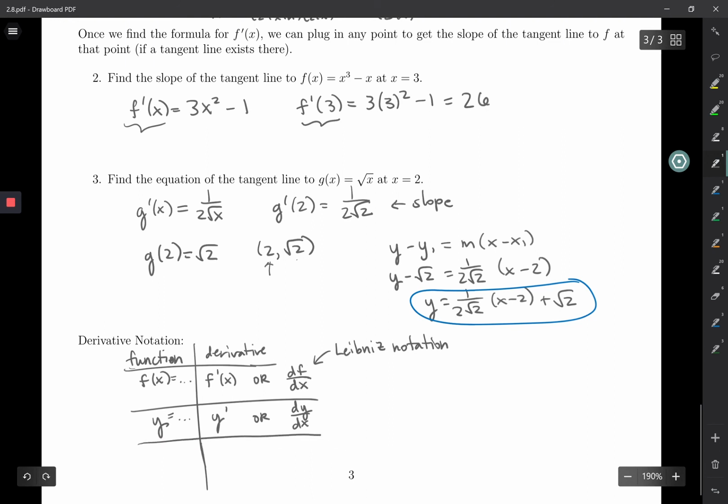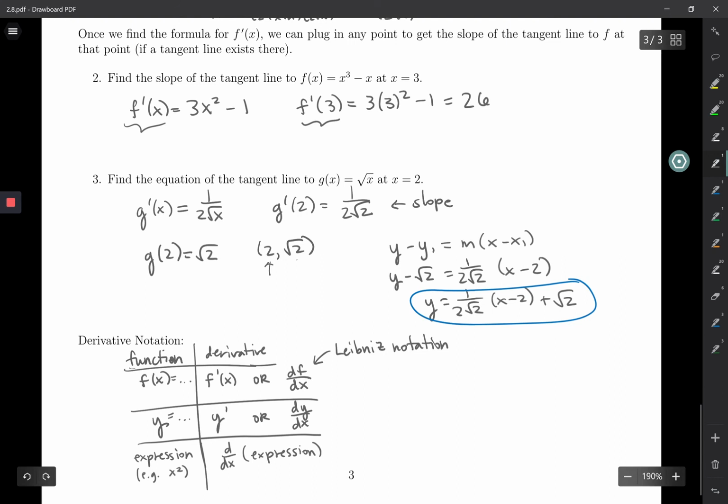Okay. And then lastly, sometimes we don't even give our function a name. Sometimes we just call it by its expression. So if we're just given an expression, there is a nice way of writing the derivative of that expression. So for example, if you have the function x squared, and you want to write down the derivative of x squared is equal to something, you would use d over dx of that expression.